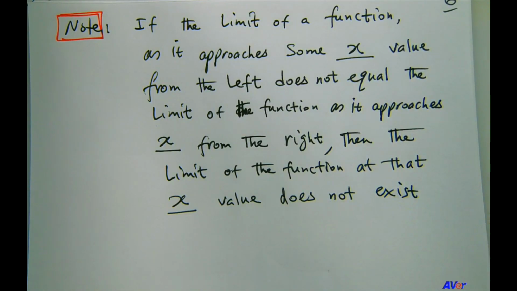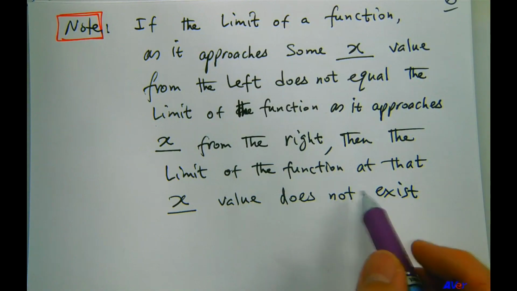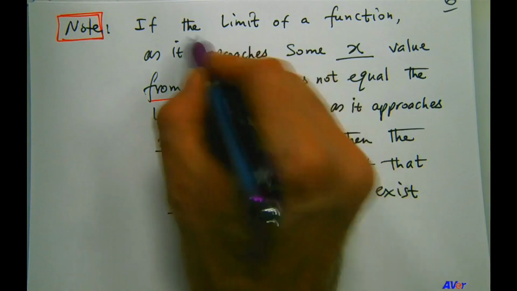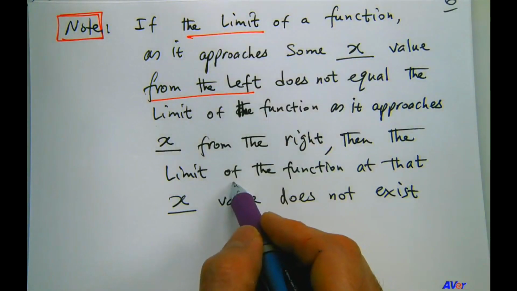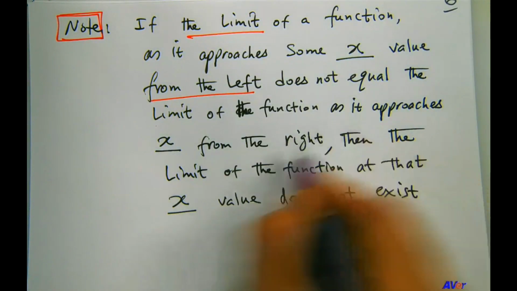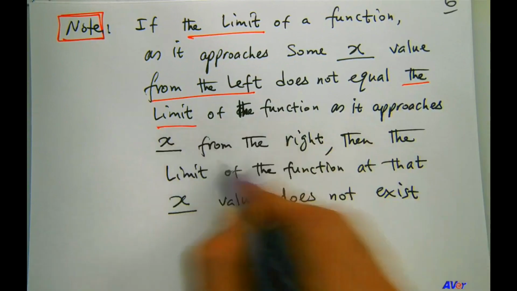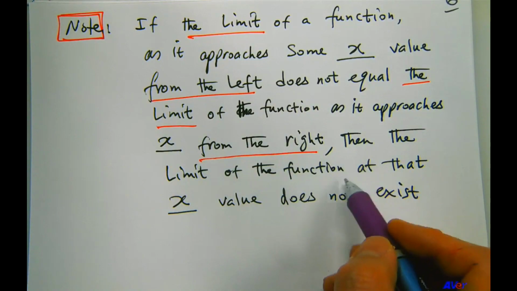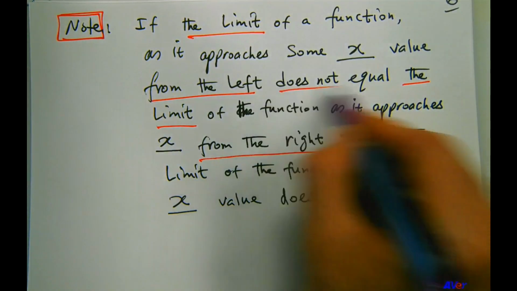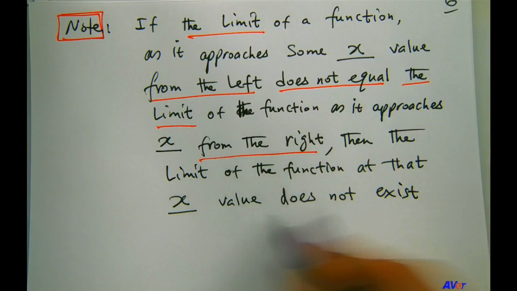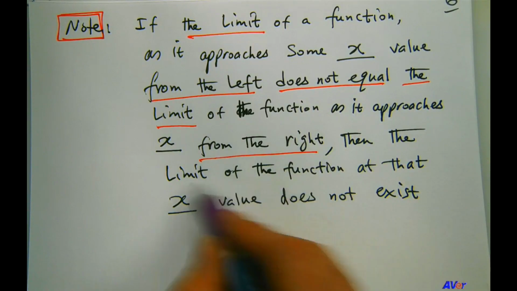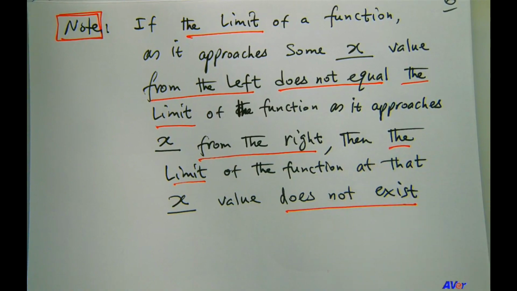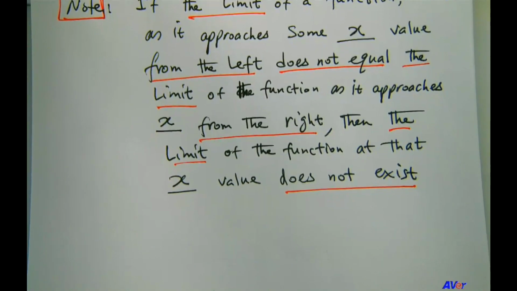So the key words here are that the limit from the left and the limit from the right are not equal, does not equal, then the limit does not exist. Okay? Those are key things to remember.